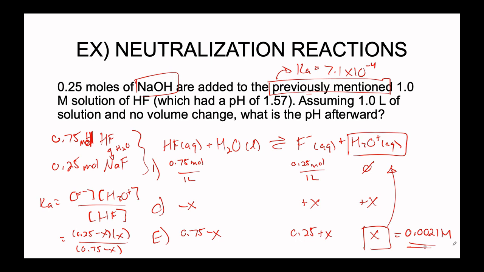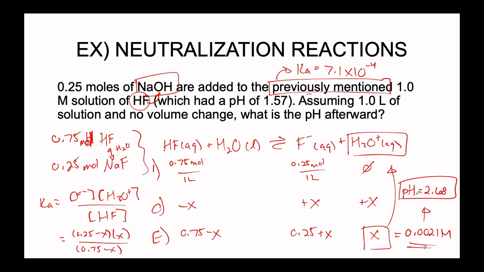Now, this X value is equal to the concentration of H3O+, meaning that we can go ahead and use it to solve for the pH by taking the negative log of this value. And the pH of our HF solution that we added some NaOH to, neutralized a little bit of it, ends up being equal to 2.68. Whew. All right, so a lot of math.